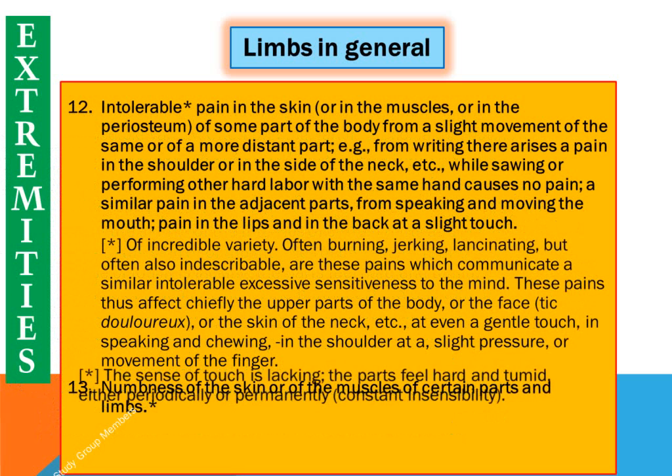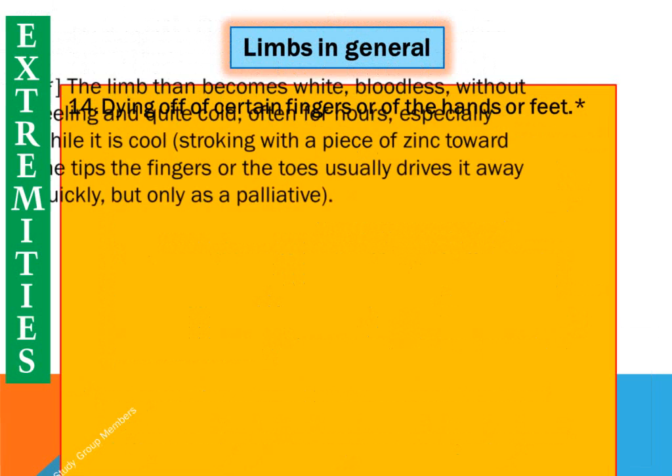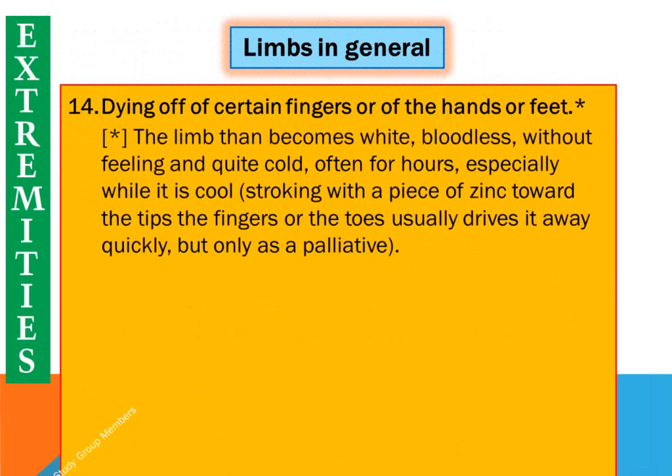We can read it at leisure. The numbness of the skin of all muscles, of certain parts and limbs. Here sense of touch is lacking. That means there is anesthesia, or the sense of touch is missing. Then you find dying off of certain fingers or hands or feet. Dying off means again going to sleep.